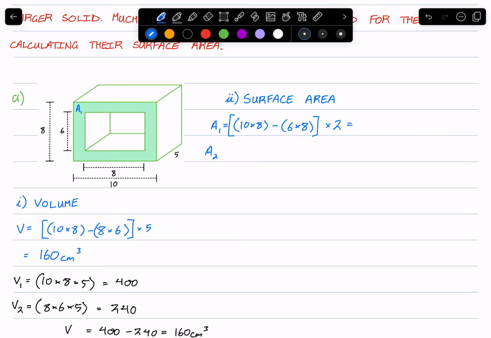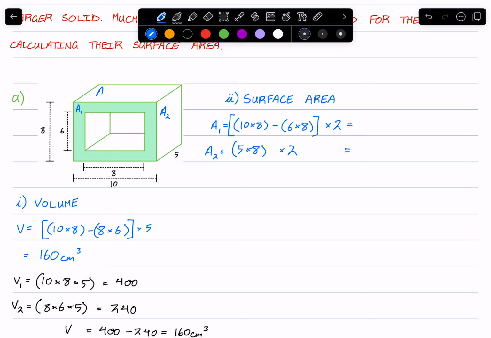Area 2, we have this rectangle here on the right, and there's an identical one to the left. Let's call that area 2, and area 2 is going to be 5 by 8. And once again, there are 2 of these, so we're going to calculate that at the end.